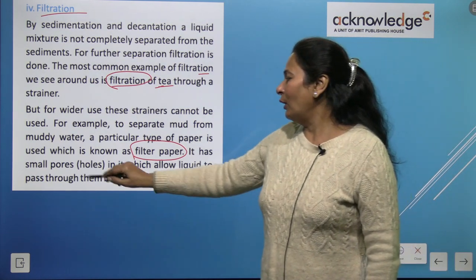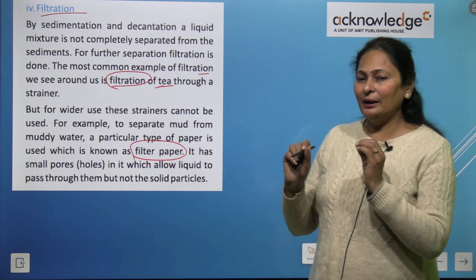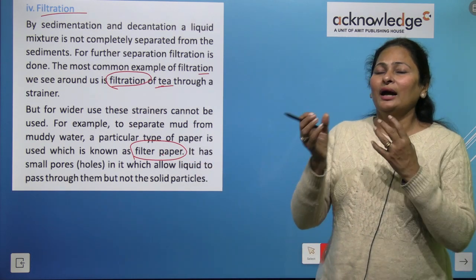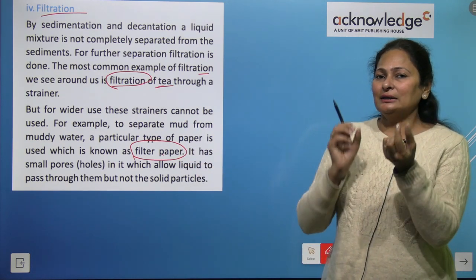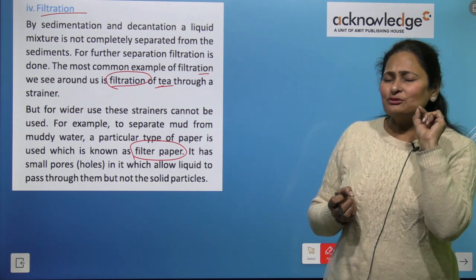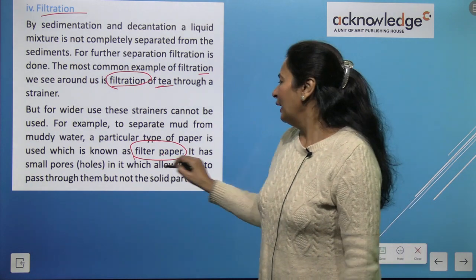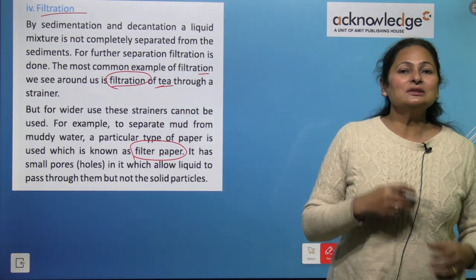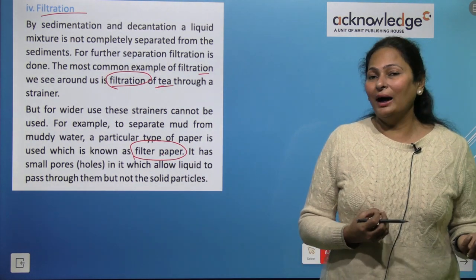It has small pores. This filter paper is very smooth. As we have seen in the sieve, it has big holes. Now in the filter paper, there are very small pores which allow the liquids to pass through.